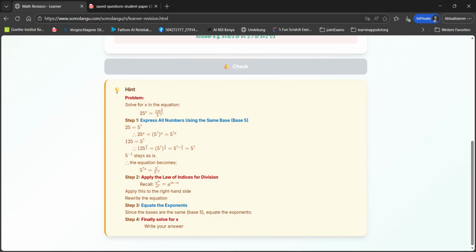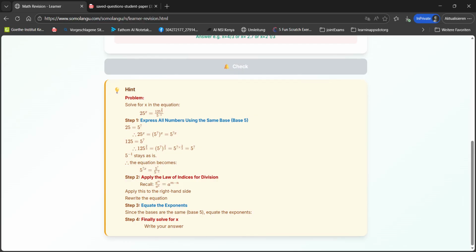So we convert 125 to base 5. You work that out and you have your number to the base of 5. The denominator is already to the base of 5, 5 to the power of -1, so it stays the same. Now you have your final equation with all numbers to the base of 5. That was the first step.